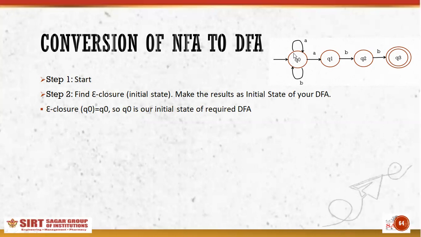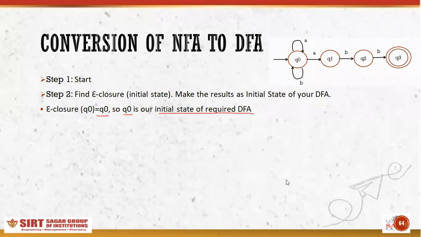You can go nowhere, because all the output arrows lead somewhere by taking some input. There is no epsilon transition here. So the epsilon closure of Q0 will be Q0 itself. So Q0 will be the initial state of the required DFA. Let us make the initial state of our answer machine.